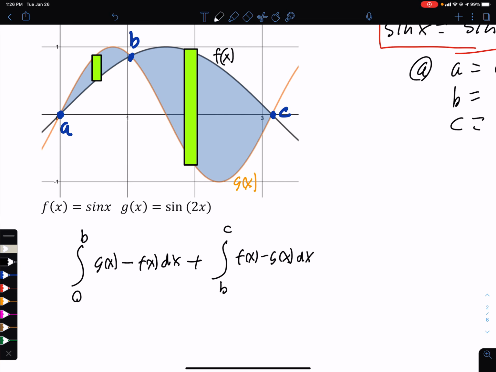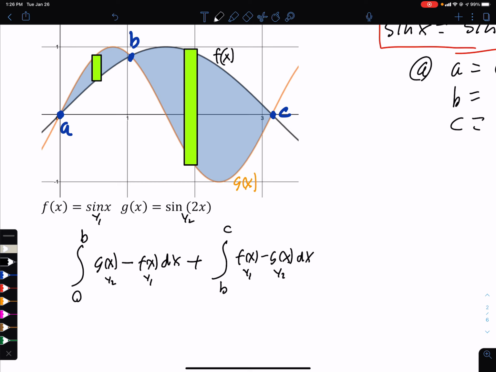So for your own reference, you could put a y1 there and a y2 there to help you. Or in this case, this would be y2, y1, y1, y2, just to help you remember. So let's try this. So 0 to b, y2 minus y1.